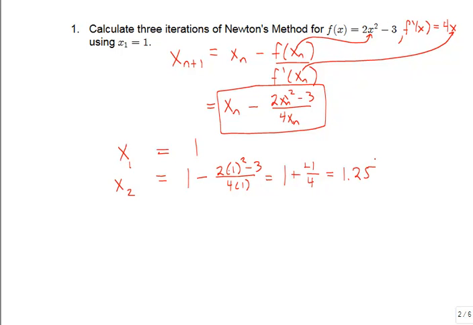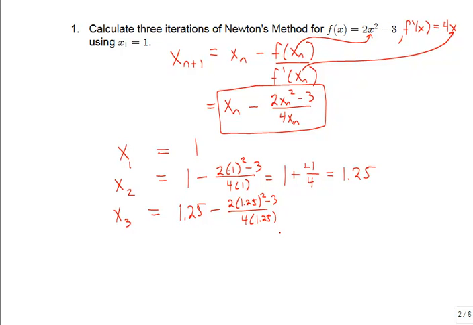I'm just going to go ahead and use decimals. Now, to get x sub 3, we're going to do this same process again, but we're now going to be using 1.25 right here, here, and here. So this would become 1.25 minus 2 times 1.25 squared minus 3 over 4 times 1.25.